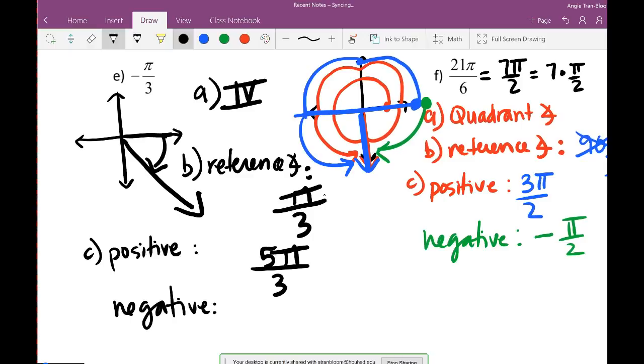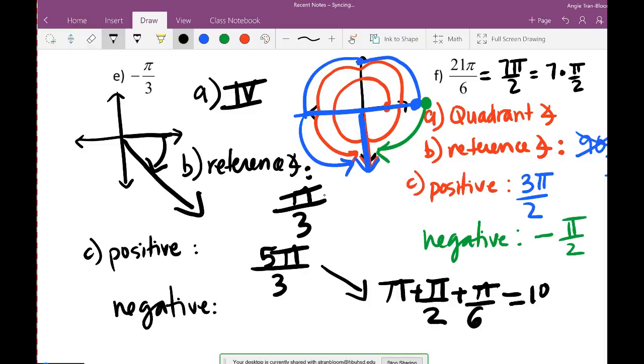So I did pi plus pi over 2 plus pi over 6. And then I got 10 pi over 6, which can be reduced to 5 pi over 3. Yes, I totally agree with that.